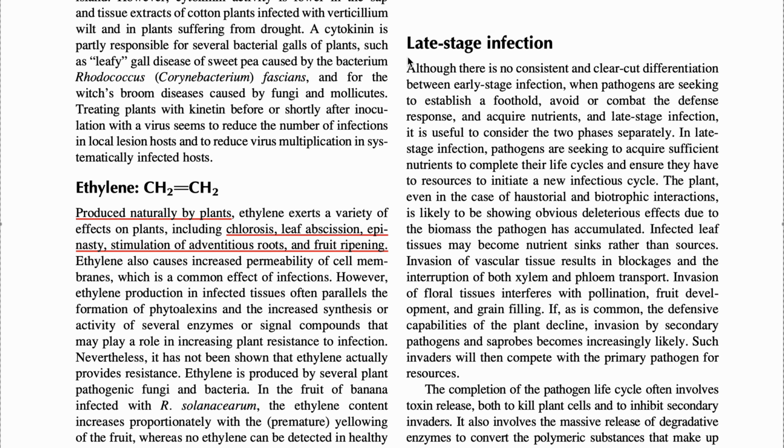Next we will see late stage infection. Here, although there is no consistent and clear-cut differentiation between early stage infection and late stage infection, it's better to keep them separate.